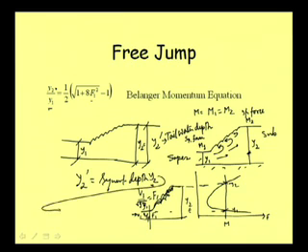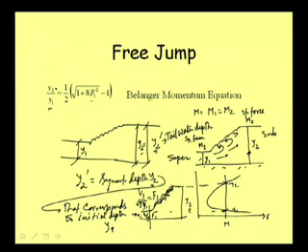The sequent depth Y2 that corresponds to the initial depth Y1. So, if our initial depth Y1 is given, then we should calculate what Y2 is, and if we find that our tailwater depth Y2 dash is equal to Y2, then we know that there will be a free jump.